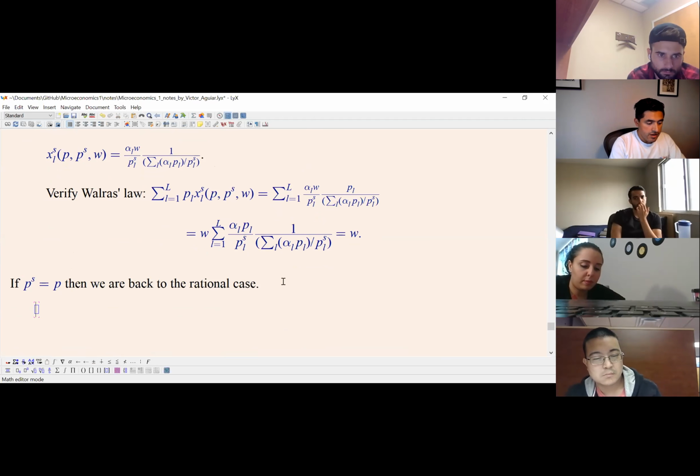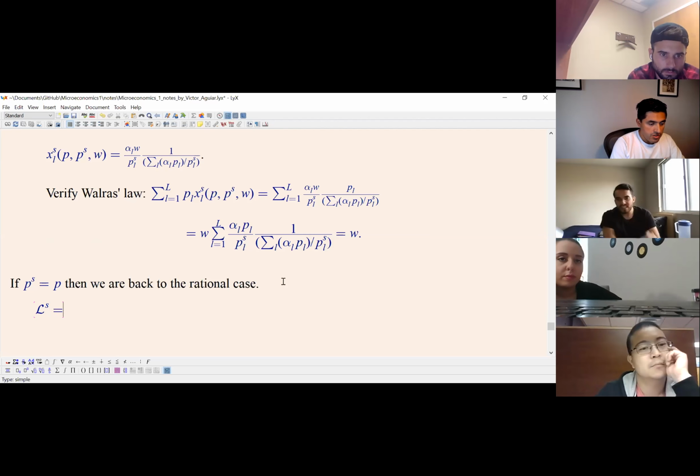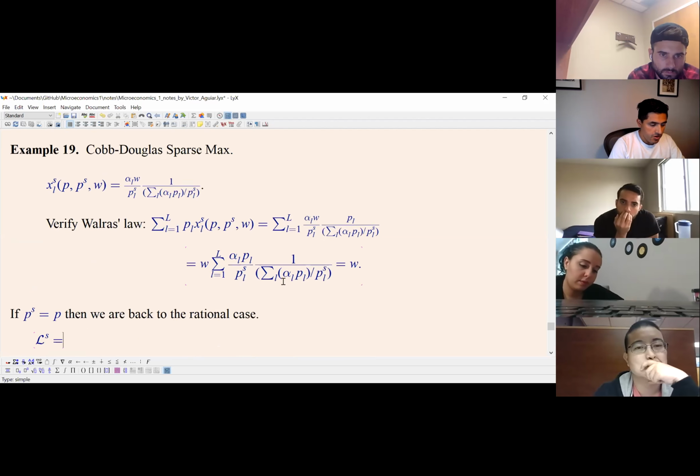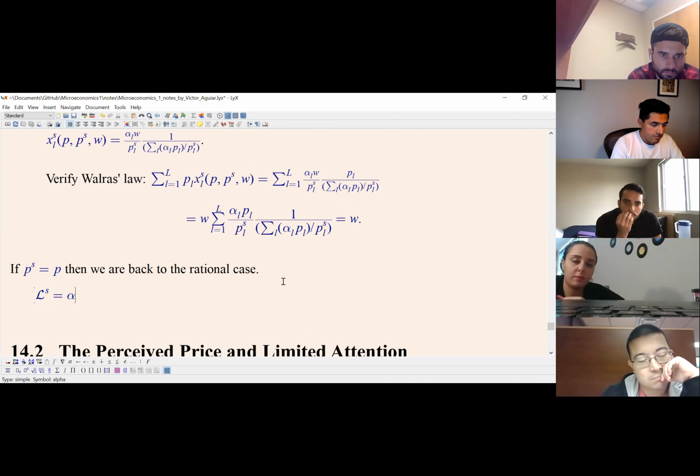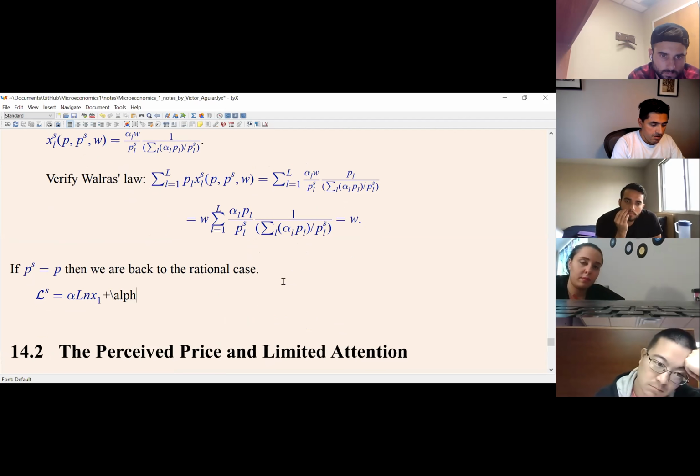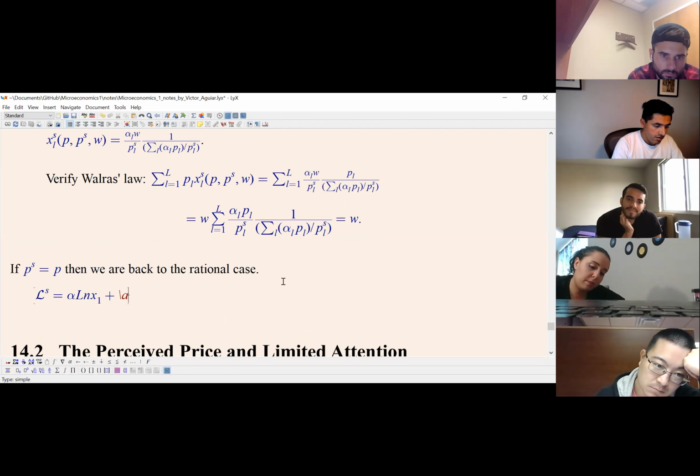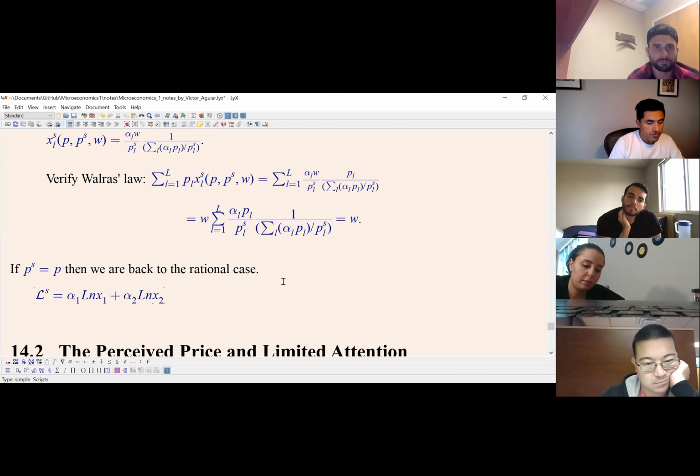So let's write down the Lagrangian, the fake Lagrangian. So this is the Cobb-Douglas. I'm going to write it here. Logarithm of x1 plus alpha 2 of the second one. Let me index it by L, so we have only two goods. Natural logarithm of x2, okay?